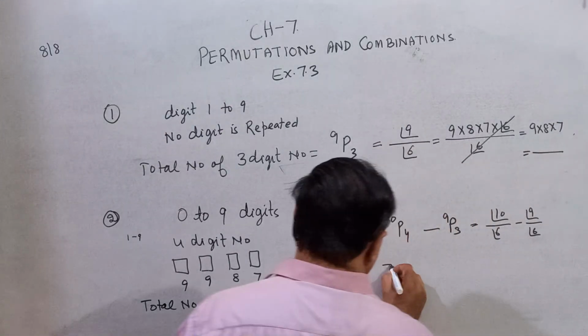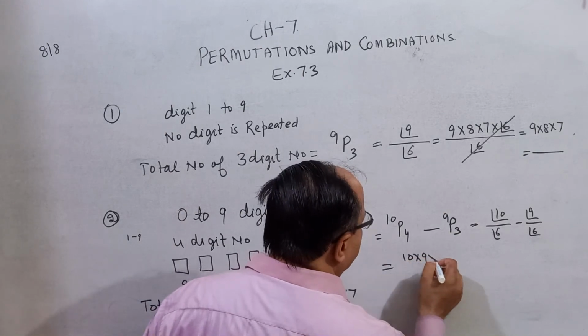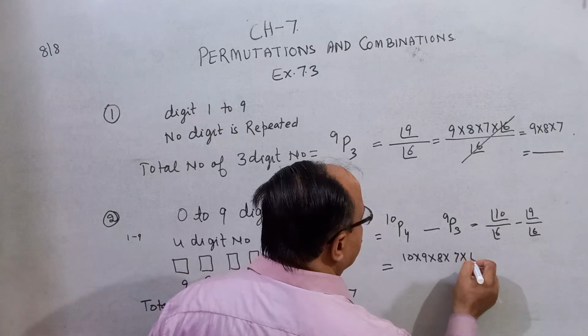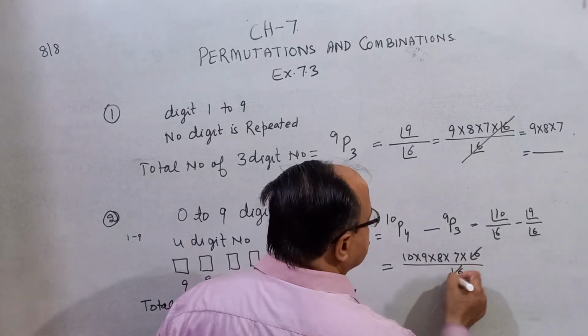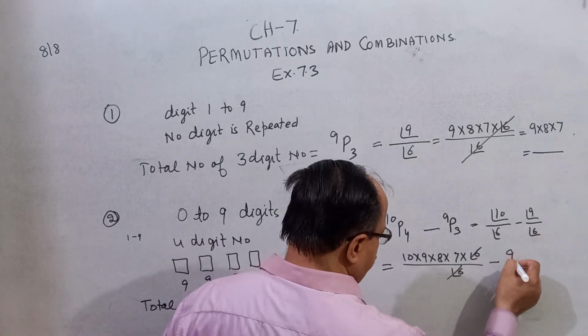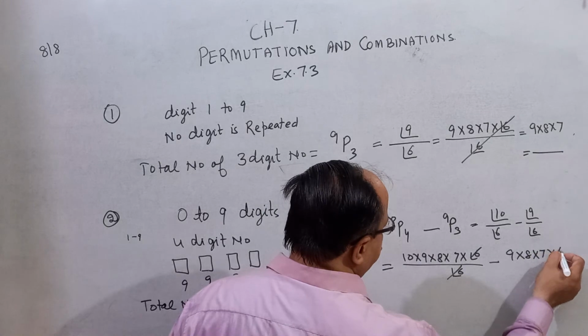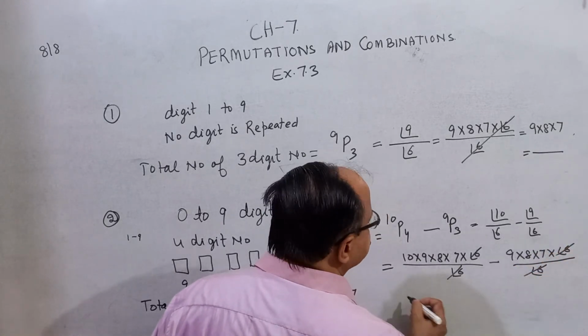So 10 factorial you can expand up to 6 factorial: 10 into 9 into 8 into 7, and the 6 factorial will be cancelled. Similarly here, expand the 9 up to 6 factorial: 9 into 8 into 7 into 6 factorial divided by 6 factorial, this will be cancelled.